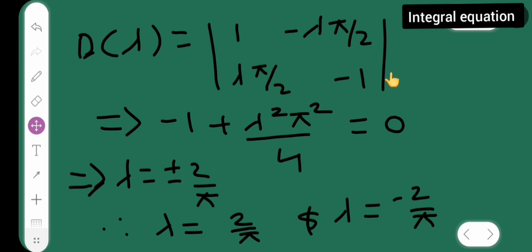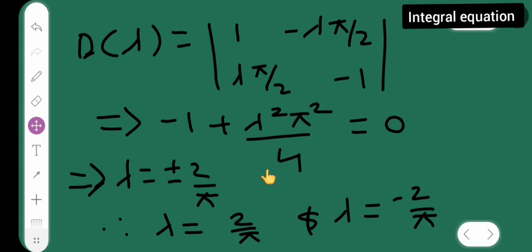See, we have to do this minus this, but minus and minus will become plus. So lambda square pi square upon 2 to the 4 is equal to 0. Then what I am going to get is lambda is equal to plus or minus 2 upon pi, after solving this part.